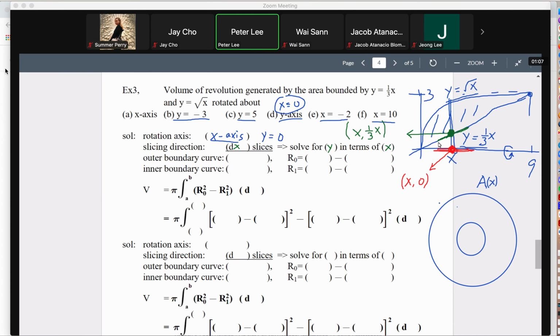This green line right here is what we call the inner boundary curve. So let me write down that this is the inner boundary curve.